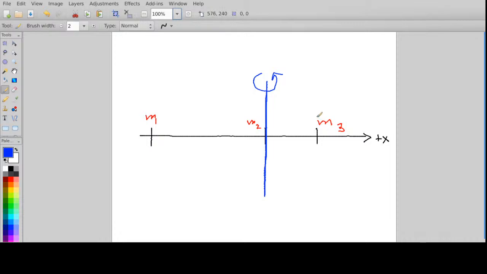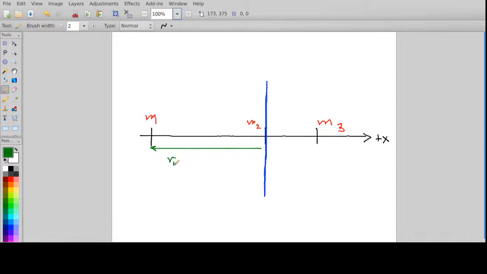I want to know the moment of inertia around that axis. For the moment of inertia, you don't exactly work with x along the x-axis, you work with r's. The r values are: r1 is going to be this distance right here, from the axis to M1.